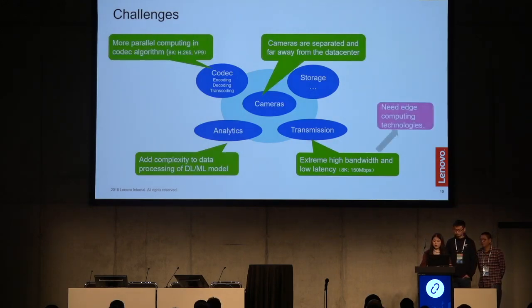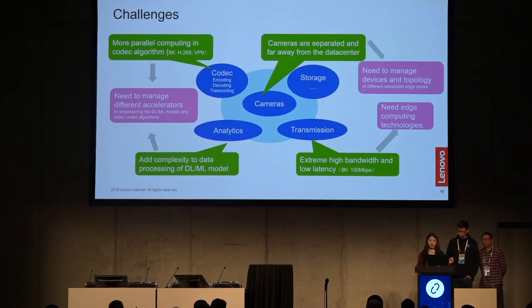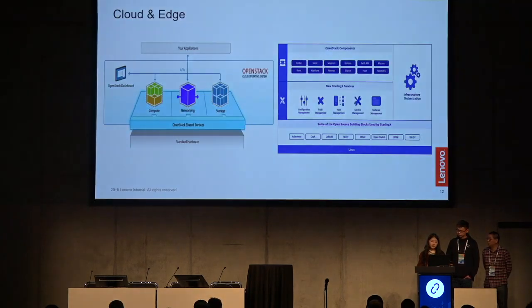To cope with these challenges, first we need edge computing technologies, which provide high bandwidth and low latency. Based on that, we need different accelerators to empower the deep learning or machine learning models and video codec algorithms. Also, we need to manage the devices and the topology of different separated edge clusters. So that's why we came up with our edge-optimized architecture.